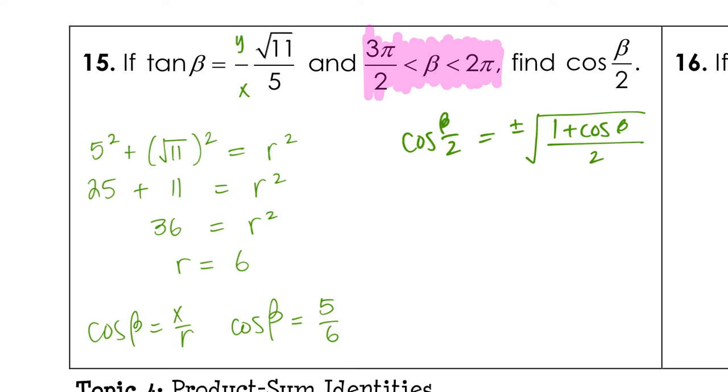Okay, so that is somewhere in between 3 pi over 2 and 2 pi. So that is quadrant 4, and in quadrant 4, cosine is positive. So you could just leave it the way it is. I'm going to write a little plus sign so I remember positive. Okay, so now I have what I need to plug into that identity.